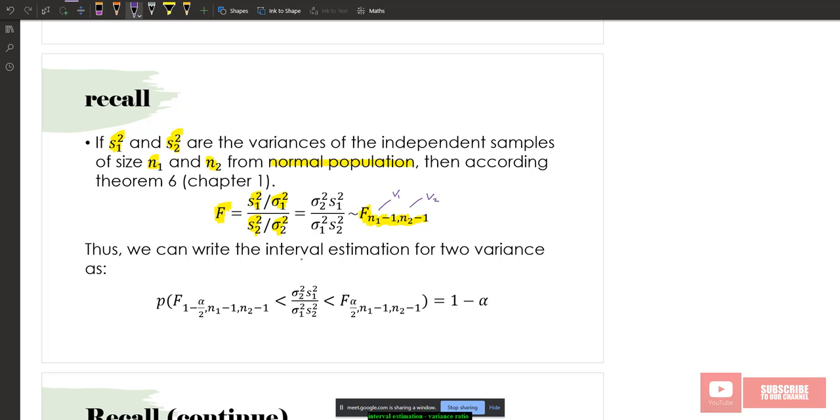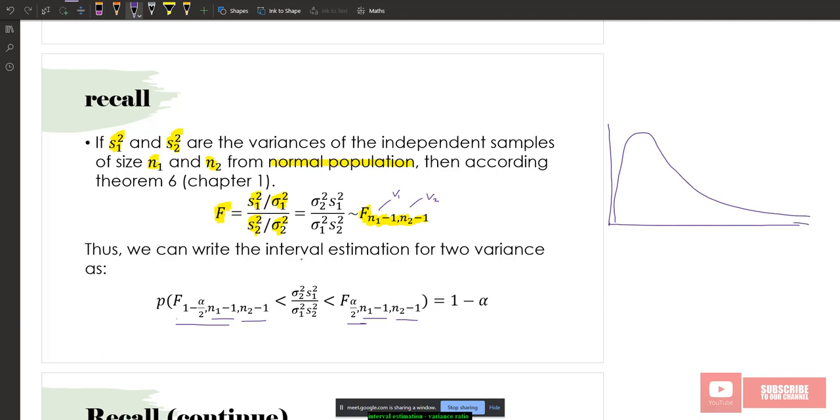So we can write the interval estimation for the ratio of two variances as the probability of f 1 minus alpha divided by 2, n1 minus 1, n2 minus 1, and f alpha divided by 2, n1 minus 1, n2 minus 1. The F distribution has the same shape as the chi-square distribution, skewed to the right.